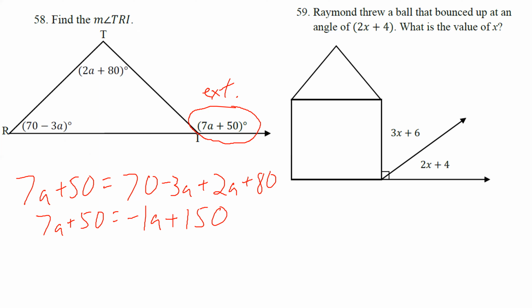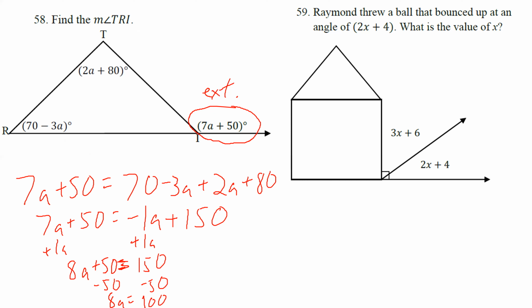I'm going to go ahead and bring the 1a over to the other side by adding 1a to both sides. That now gives us 8a plus 50 equals 150. Then we're subtracting 50 from both sides. Leaves us with 8a equals 100.